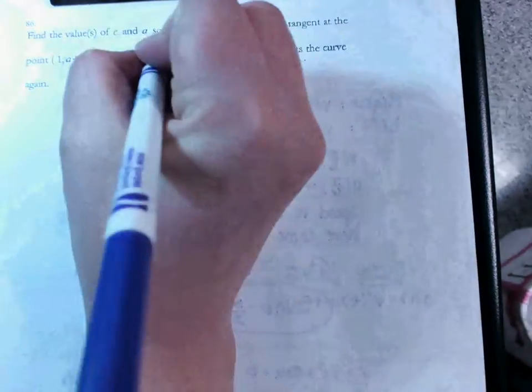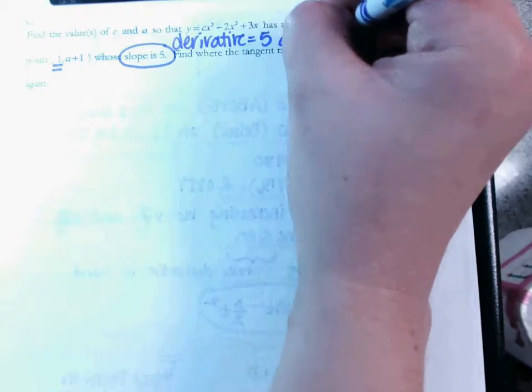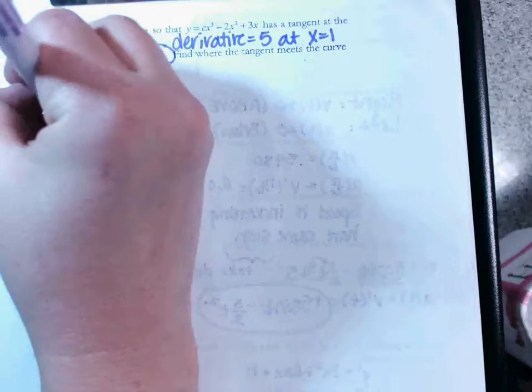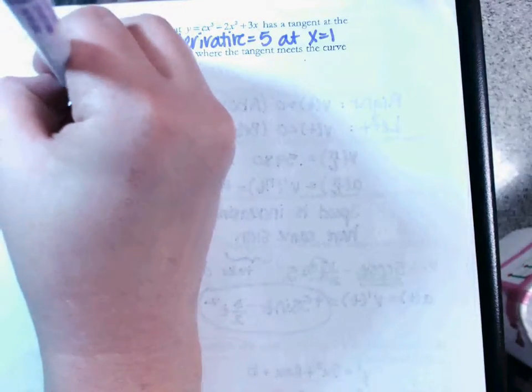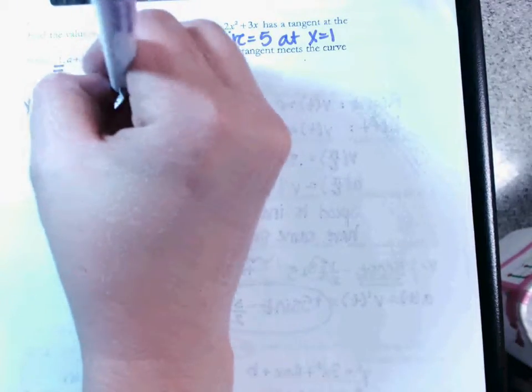Hey, good. Okay, so listen, what Yoel said is perfect. He took the derivative, and then what did it say the slope is? Now, when is it 5? So you need to set the derivative equal to 5 at x equals 1. So the derivative, y prime, would be 3c x squared minus 4x plus 3.